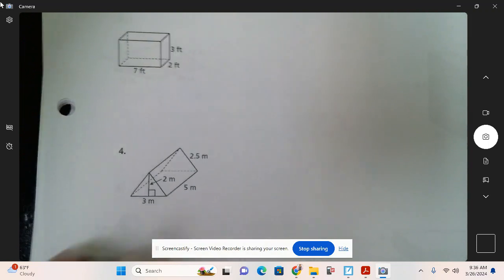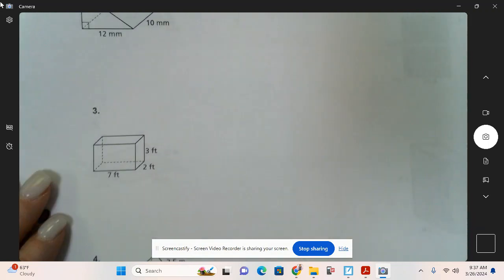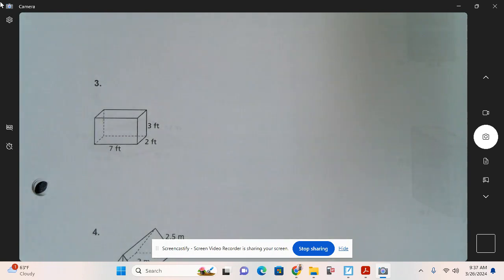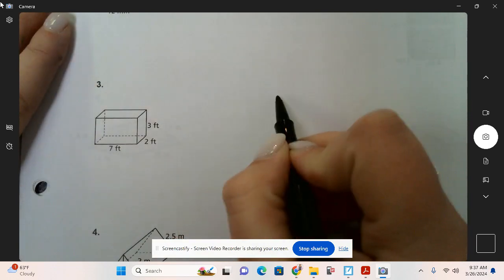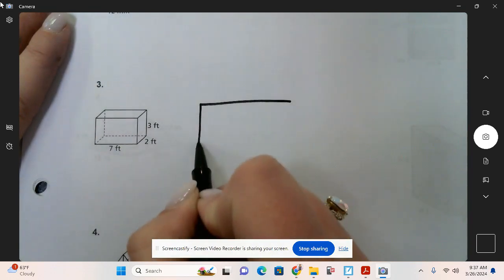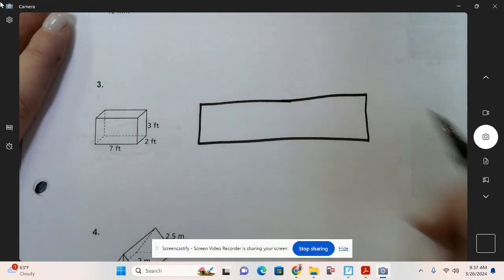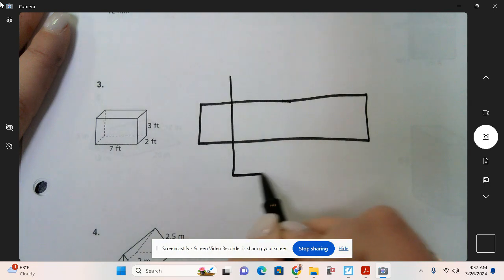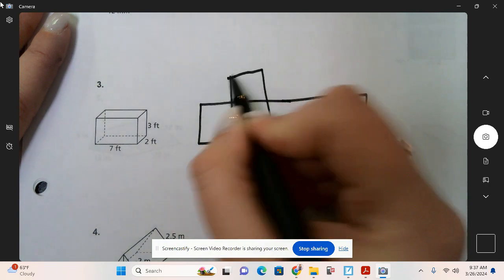Okay, we're going to look at number 3. Okay? We don't have the net, so we're going to have to draw the net. I'm going to start with a long rectangle. Then I'm going to draw a rectangle running up and down, vertical.